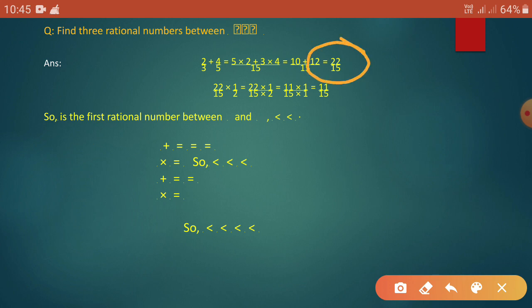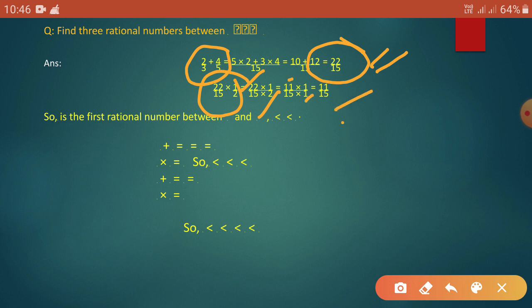Once we get the result of adding these two rational numbers, we have to multiply it with 1 by 2. The result is 22 by 15, so we multiply with 1 by 2, that is 22 into 1 above and 15 into 2 below. If we cancel 2 with 22, it is 11, so here it is 11 by 15.